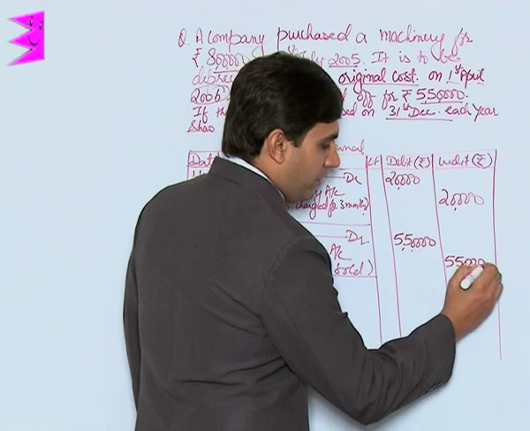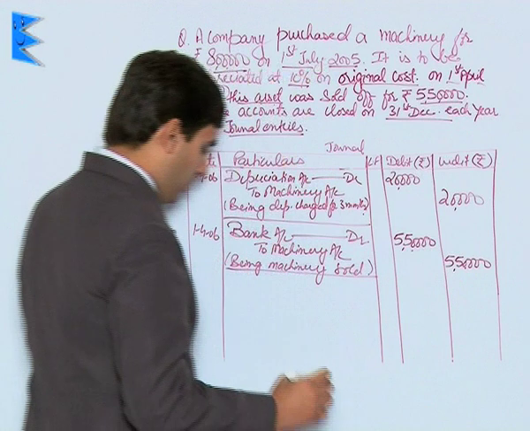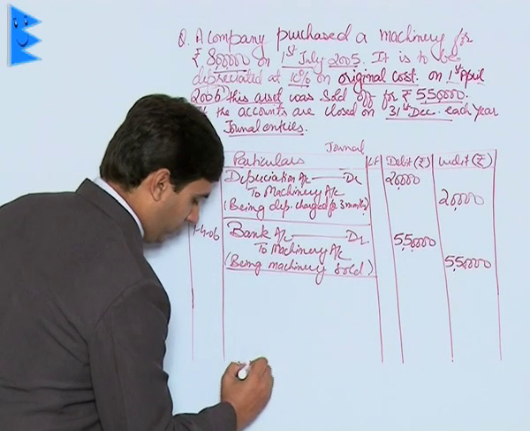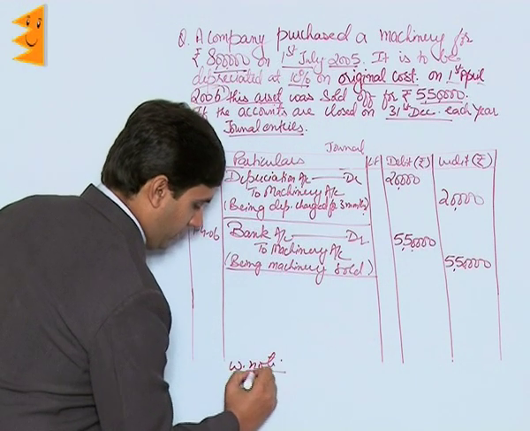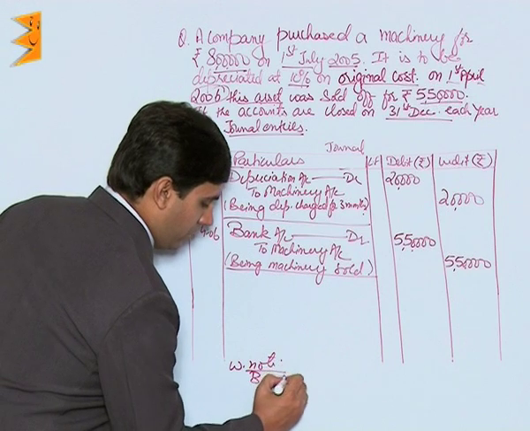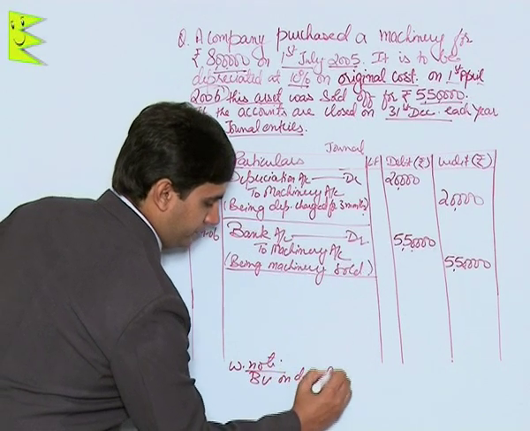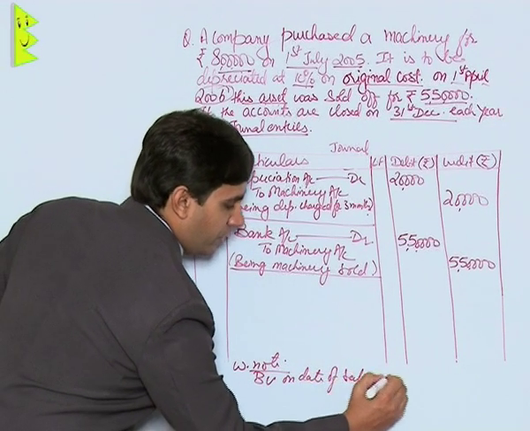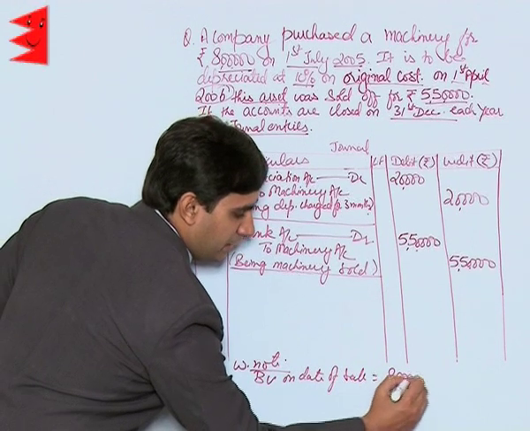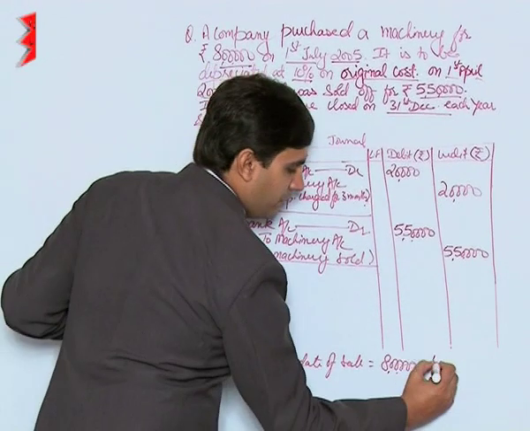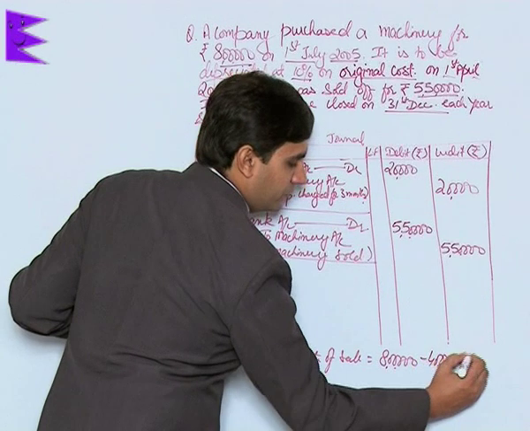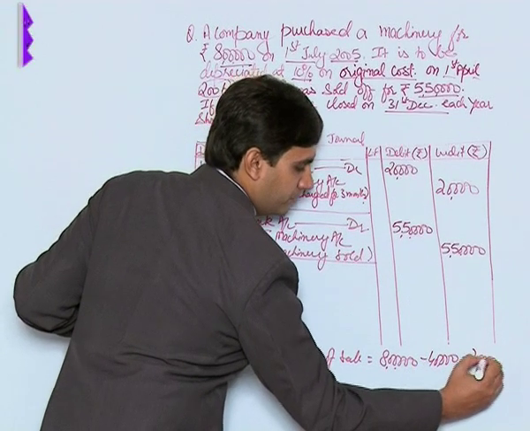Now students, we have to calculate profit and loss. For this, we'll prepare this working note. Book value on date of sale. This asset was purchased for 8 lakh. 40,000 depreciation was charged during the first year and 20,000 during this year.